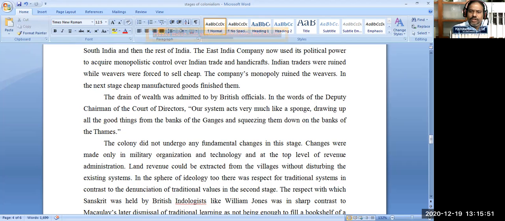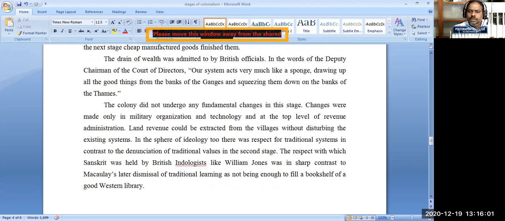In the sphere of ideology, too, there was a respect for traditional systems, in contrast to the denunciation of traditional values in the second stage. The respect with which Sanskrit was held by British Indologists like William Jones was in sharp contrast to Macaulay's later dismissal of traditional learning as not being enough to fill a bookshelf of a good Westerner's library.